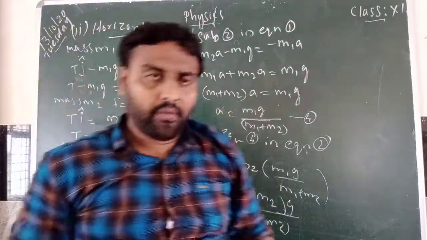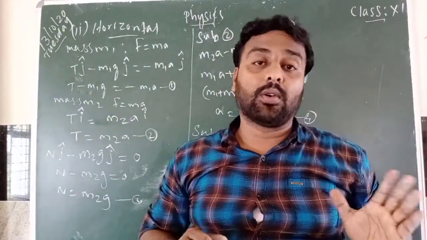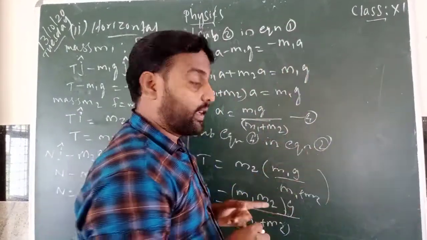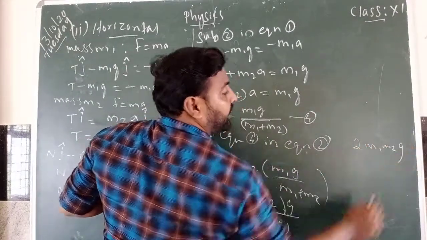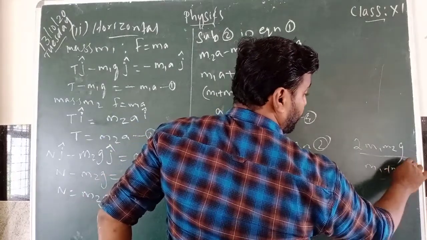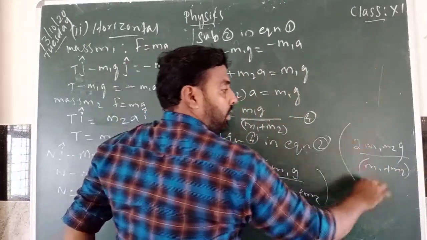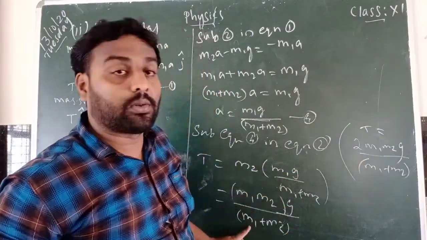Comparing vertical motion and horizontal motion: in vertical motion we got 2 M1 M2 G divided by M1 plus M2. This is the tension for vertical motion, and this is the tension for horizontal motion.